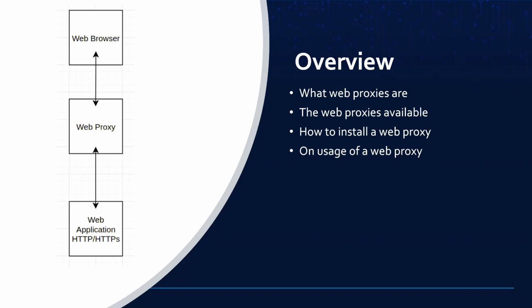So we're talking web. So this is going to be the application layer. This is dealing with HTTP and HTTPS more specifically. So from your web browser, if you're visiting Google and you have a proxy on, that traffic will go through the web proxy and then to its destination.